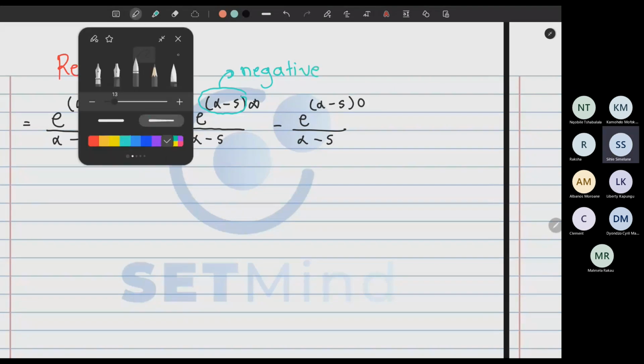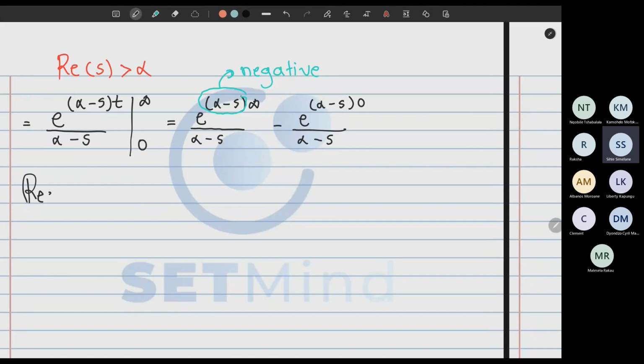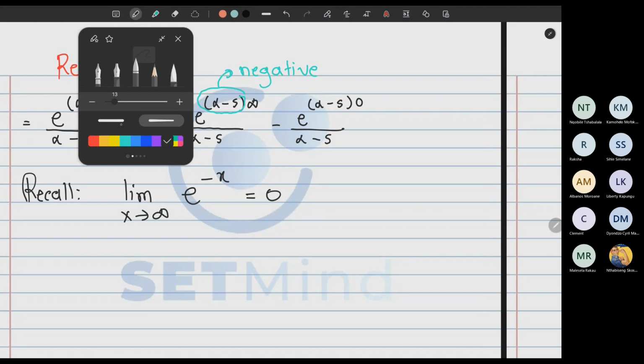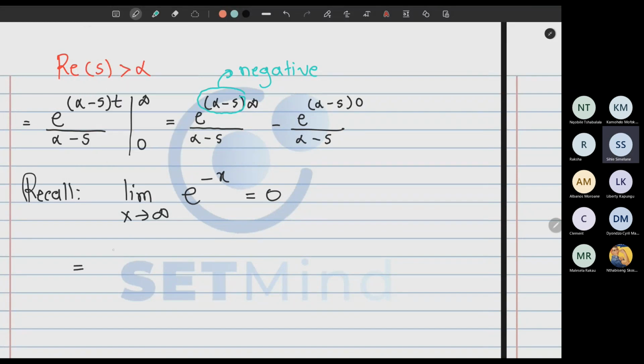And if you remember from first year, the limit of, let's say, x as it approaches infinity of e to the negative x will just be 0. It will tend to 0. So that means the first part of the integration actually tends to 0. So we have 0 over alpha minus s.